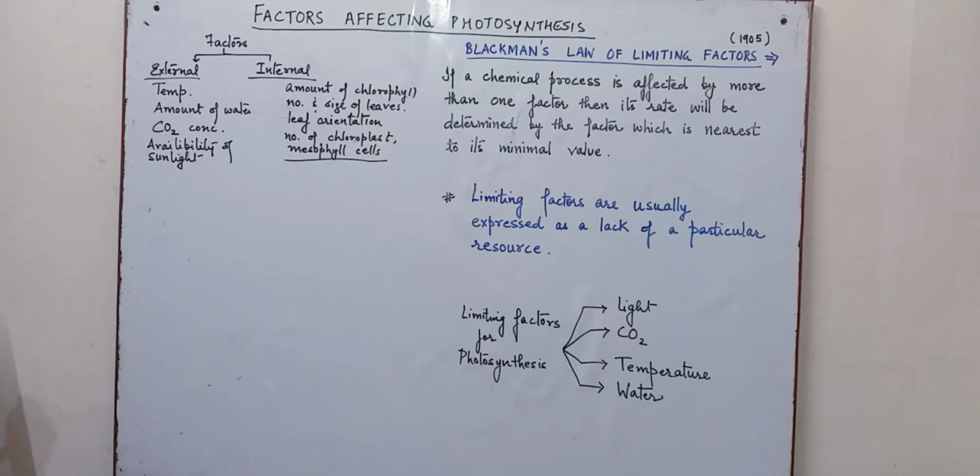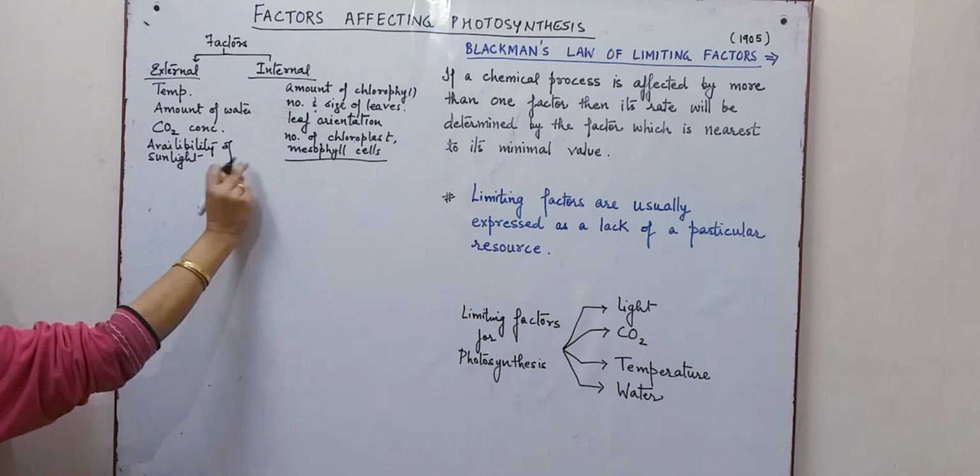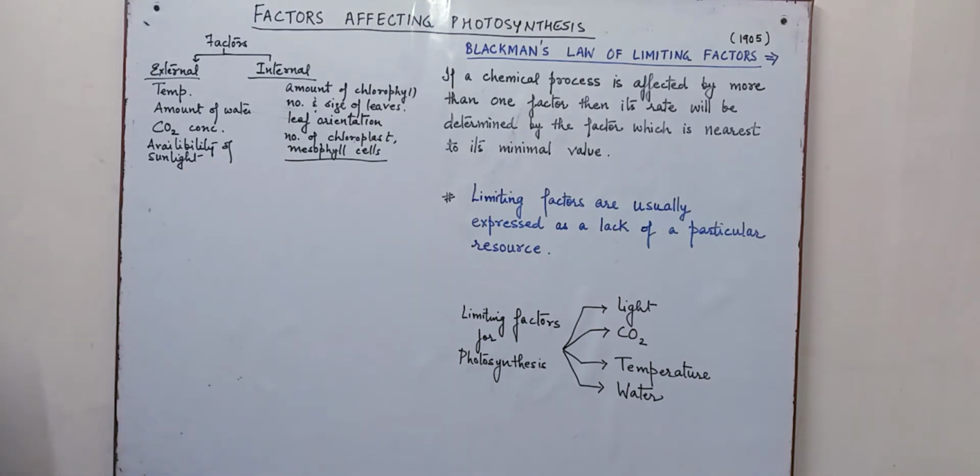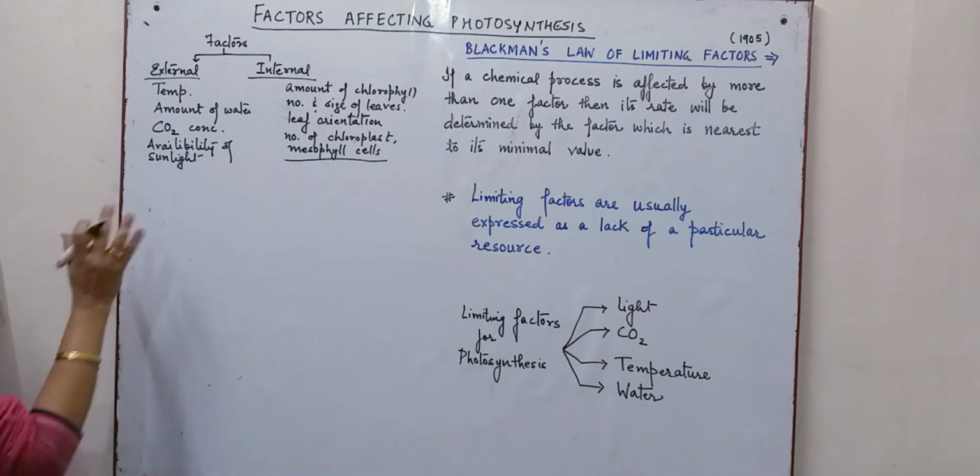Now, it is important to understand that in spite of all the factors interacting with each other, it is one factor that regulates or limits the rate of photosynthesis. Or, in other words, the factor that is present at a suboptimal level will affect the rate. What does this mean?